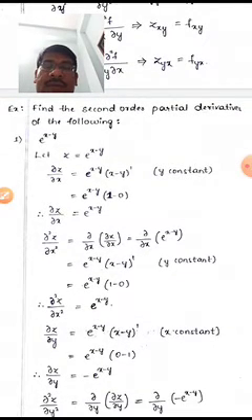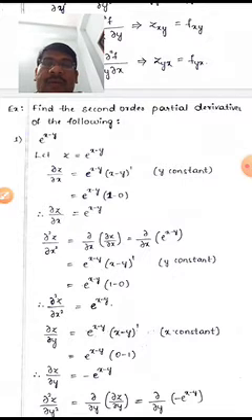Now we have to see one example of second order partial derivatives. Here z is a function of e power x minus y. First we have to do the first order, then again we have to take the derivative, and we get the second order partial derivative.